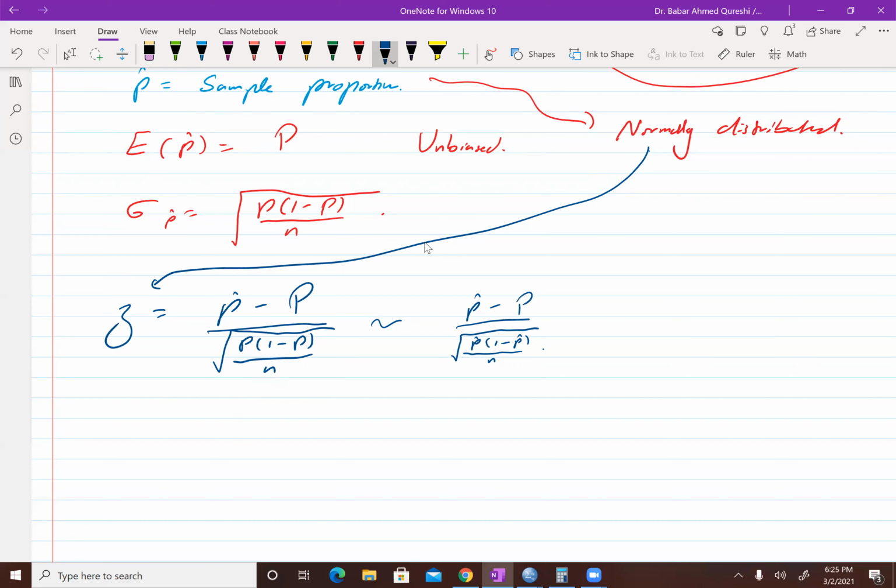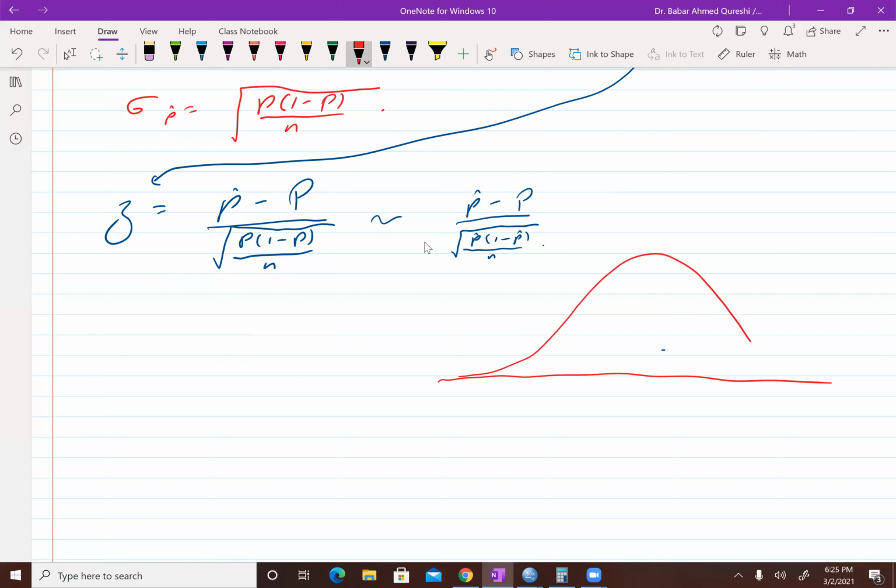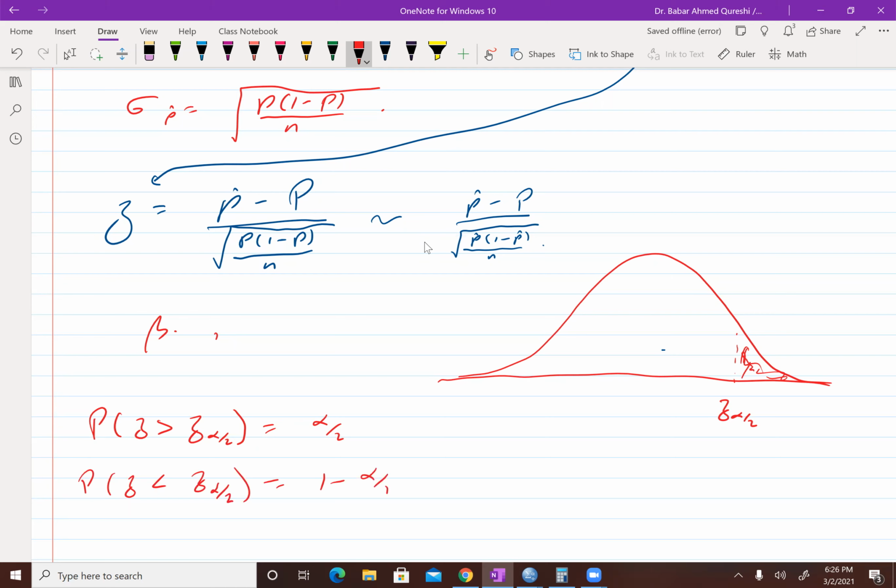Now everything is in terms of sample, and again this for Z, given your confidence level beta, you compute this value of Z alpha by 2, so that probability of Z being greater than Z alpha by 2 is equal to alpha by 2, or probability of Z being less than Z alpha by 2 is equal to 1 minus alpha over 2.